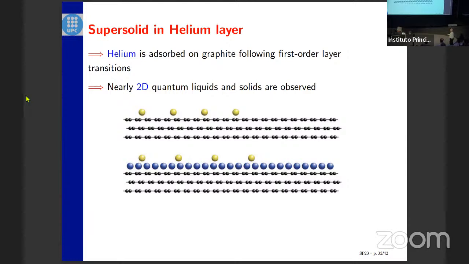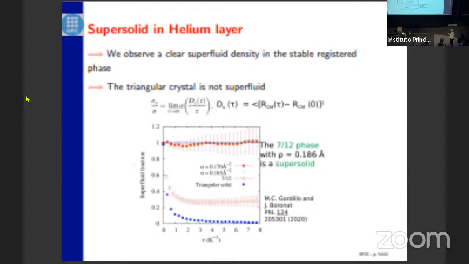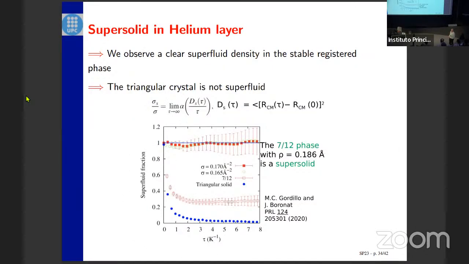Well, we explored it a lot, but what we find is that in the second layer of helium on top of graphite, we observed that there is one of the registered phases. This is very technical, but when helium atoms are located in positions commensurate with the lattice, which is essentially graphene, there are several structures geometrically possible.